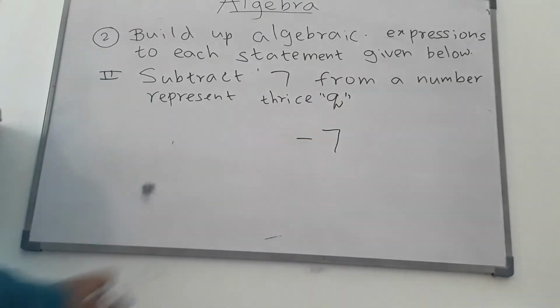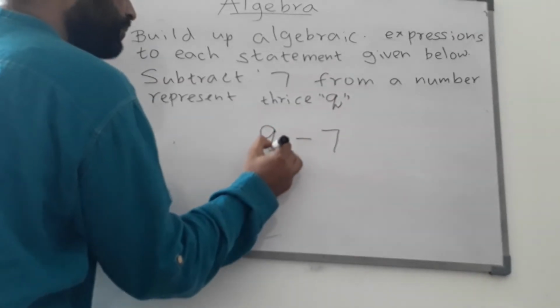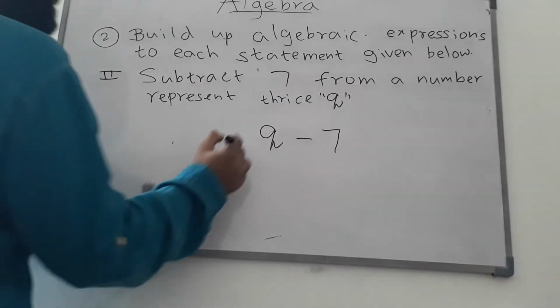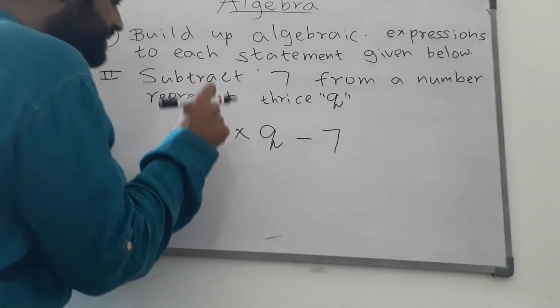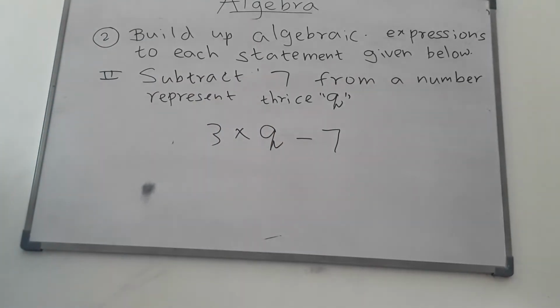Subtract 7 from a number represent thrice cube. So we have to subtract 7 from a number q thrice. Thrice q means 3 times q.